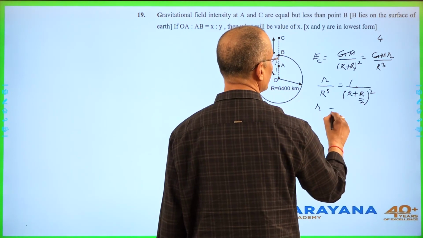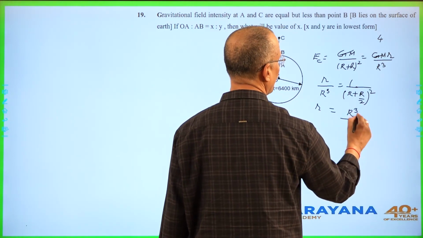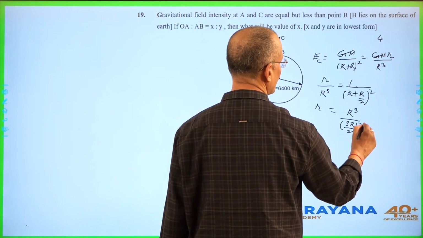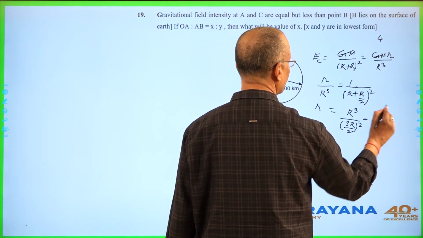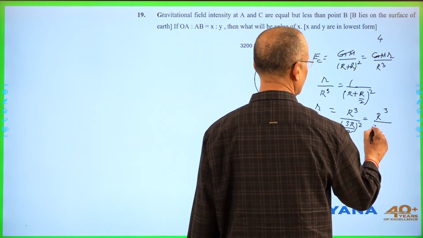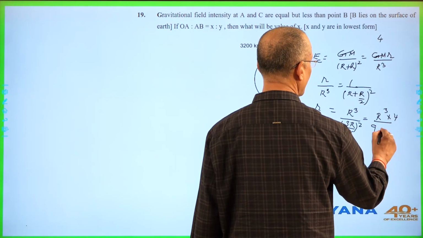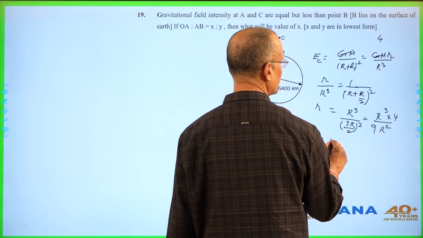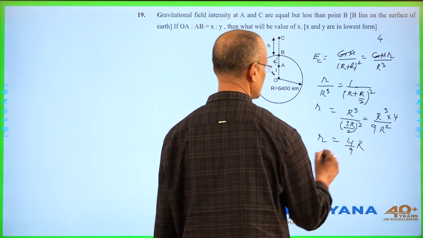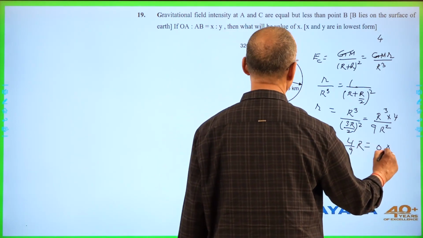So R will become R cube by 3R by 2 S squared, R cube by 9 by 4 R S squared. This will become 4 by 9 R. So this is your OA.